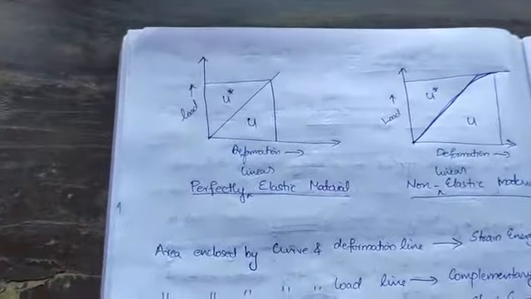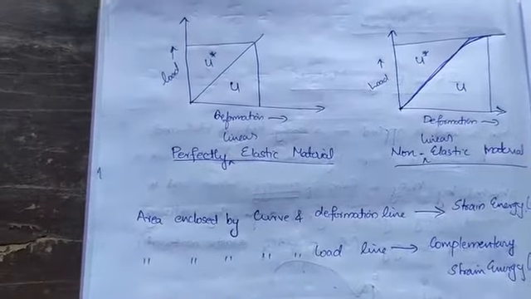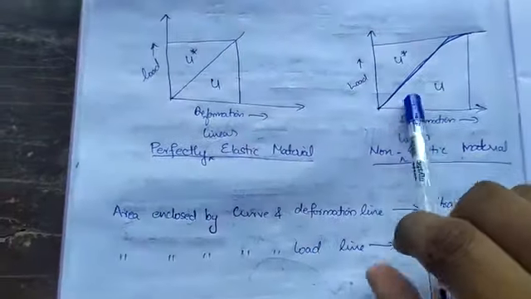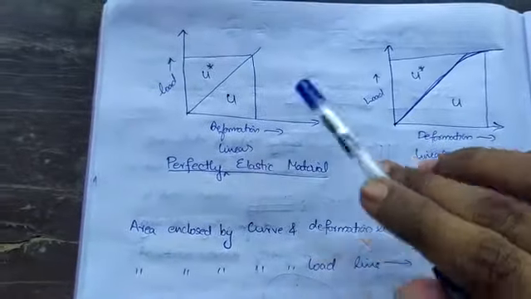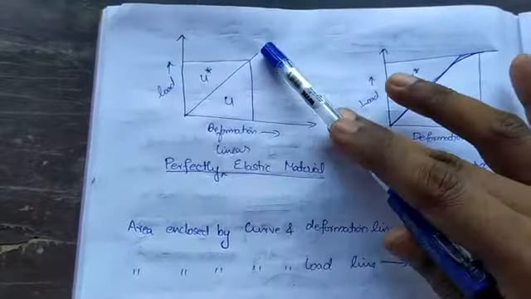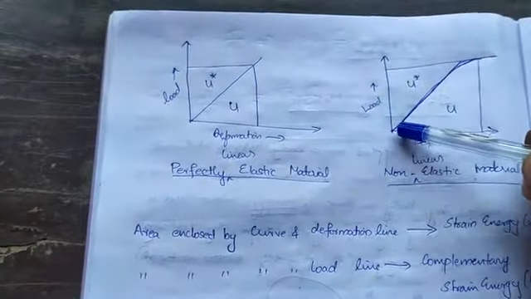Now see, for a perfectly elastic material and for a non-linear elastic material, the graphs will be like this. One is straight and the other one you can draw somewhat like this.